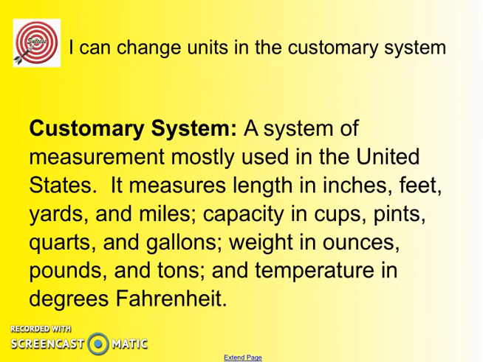It also uses measurements such as cups, pints, quarts, or gallons, and that's to measure capacity, like how much space is within something. And then weight, like ounces, pounds, tons. Those measurements are used for weight. And then we also have measurement of temperature, and we use Fahrenheit within the customary system.